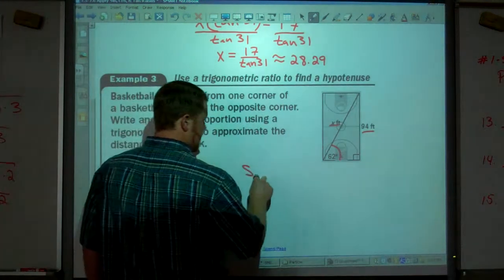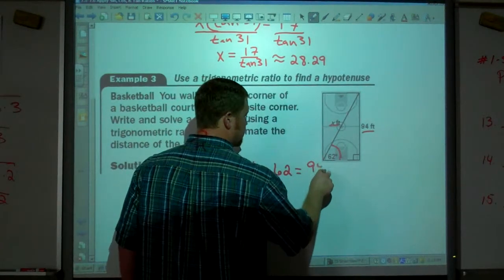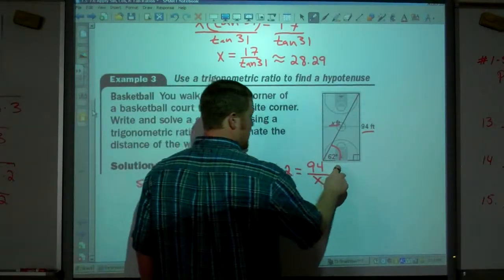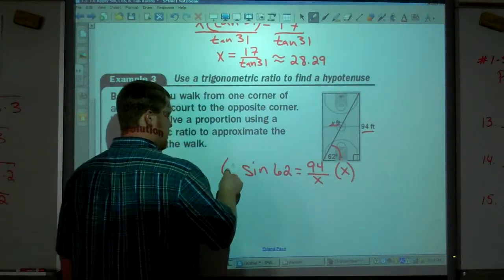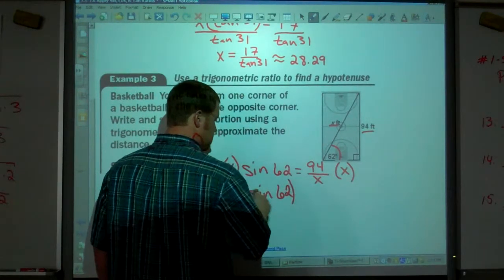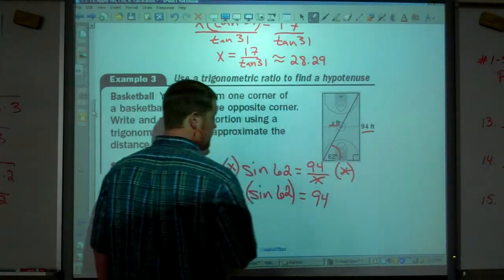So we want to take the sine of 62 equals the opposite over the hypotenuse. Again, we always multiply by what's in the denominator. So multiply by x. We get x times the sine of 62 equals 94, because those two cancel.